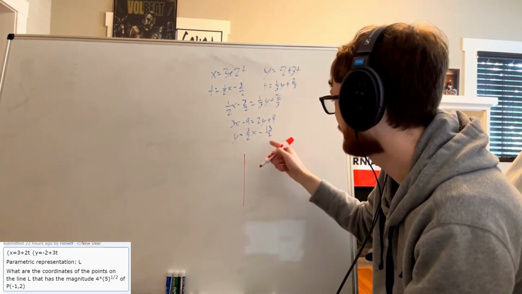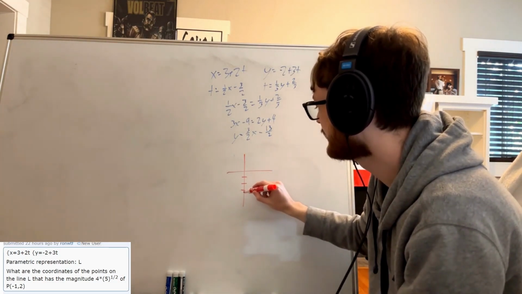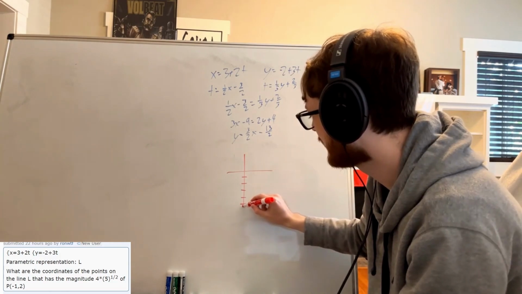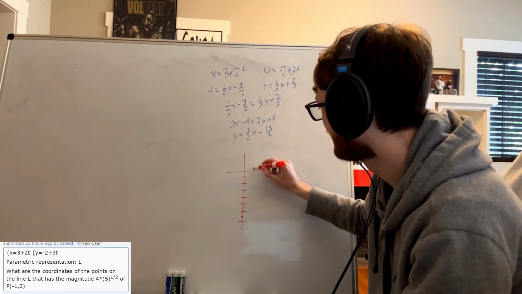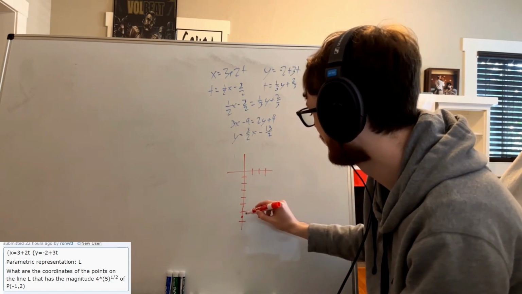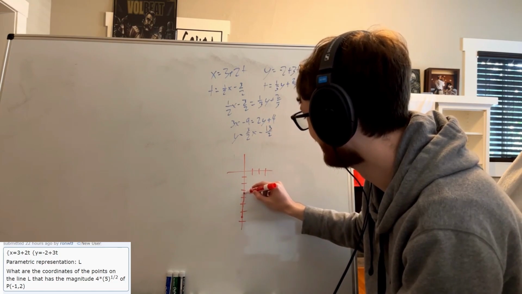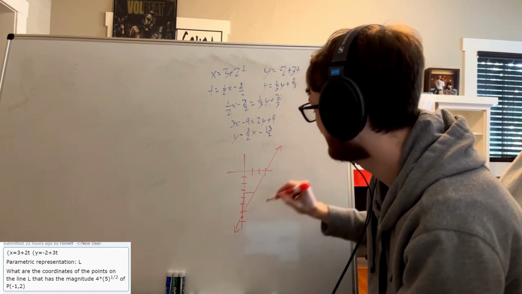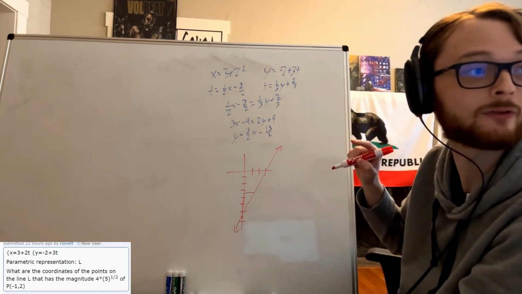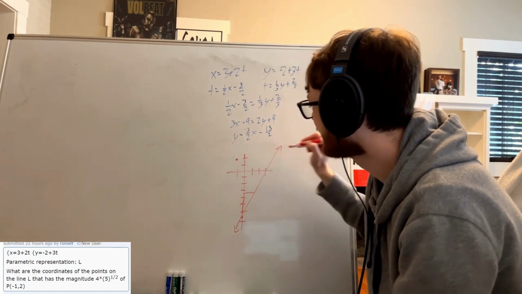So 13 over 2 is exactly 6.5. Three for 5, 6, 7. Rise over run: up 3 over 2. And then we have the point -1, 2, which is all the way up here.